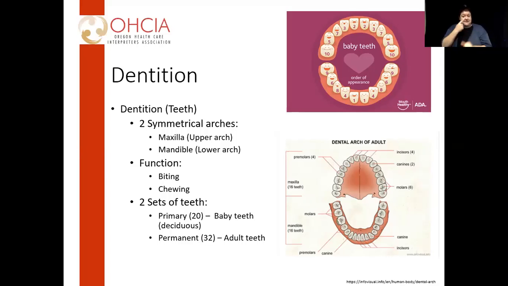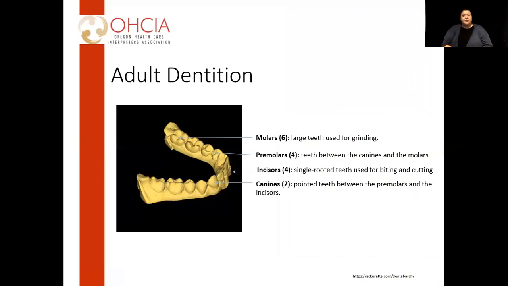Our primary teeth are made up of 20 teeth, and our permanent or adult teeth are 32 teeth.